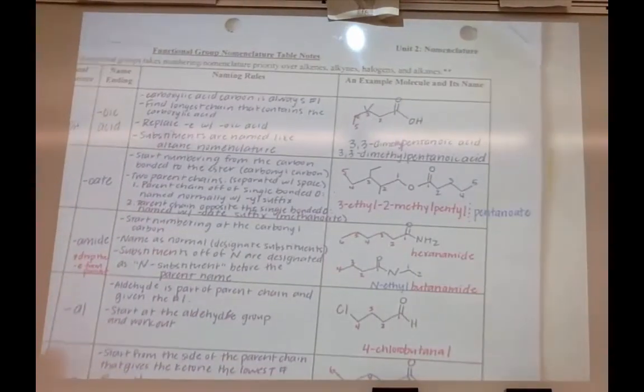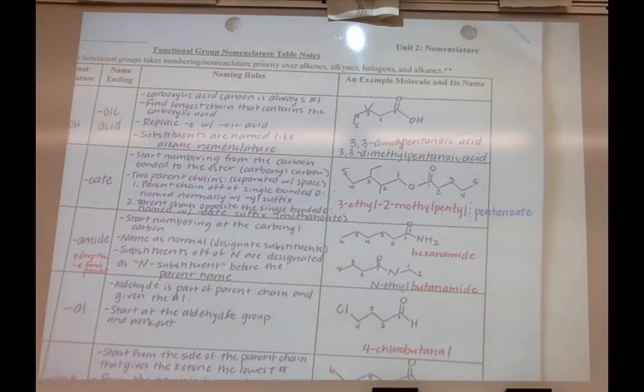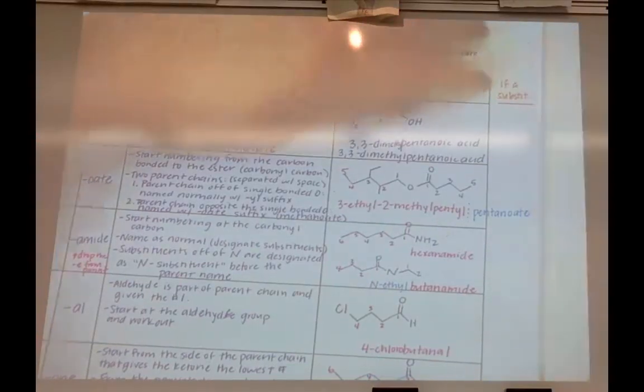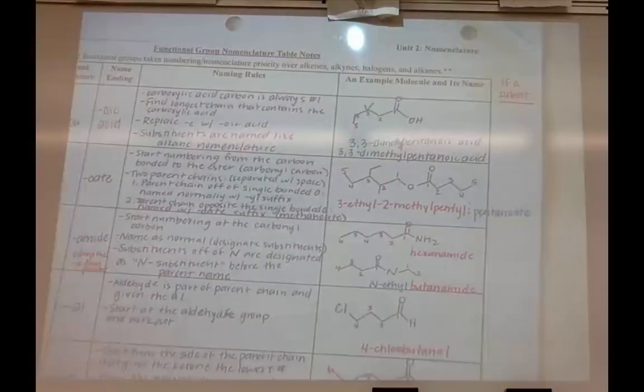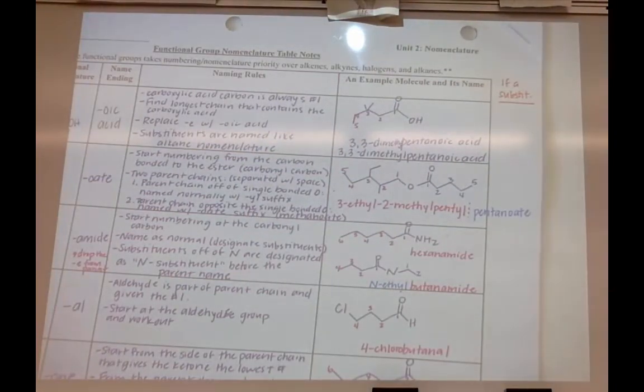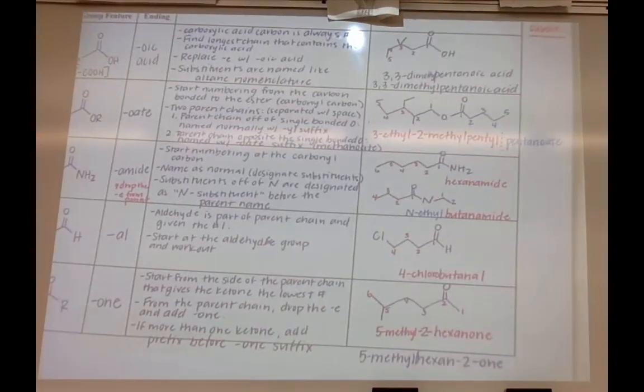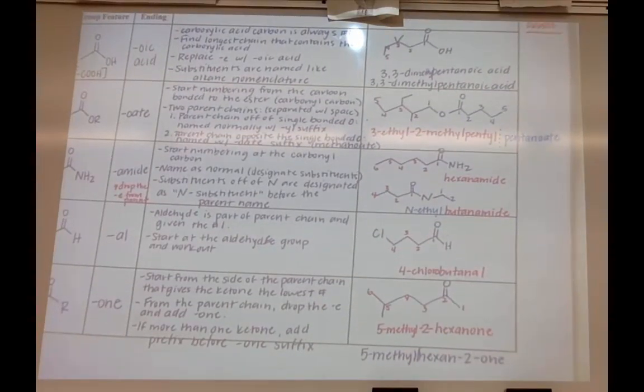So over here, really small, I'm just going to write: if a substituent. Meaning, what if that's not priority? Okay, well, I'm not going to put it for carboxylic acids or esters. We're really not going to do anything until we get down to ketones, because usually if we see one of these up at the top, it's probably already priority.